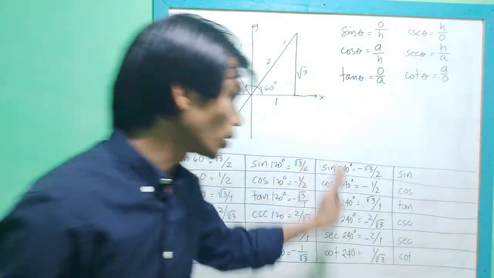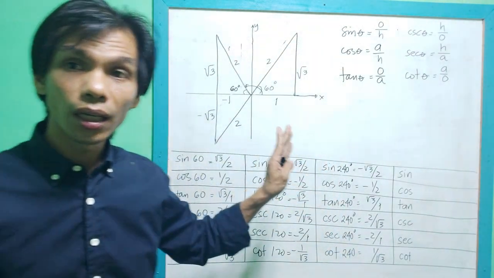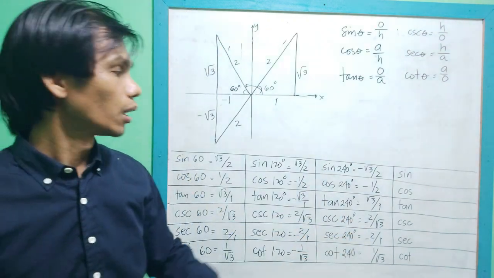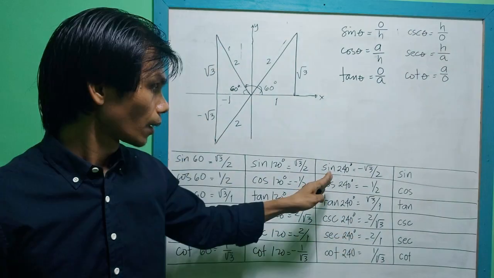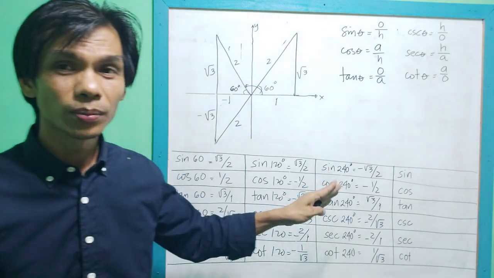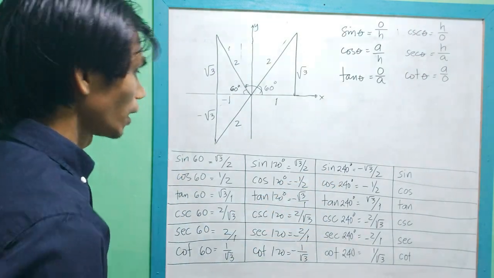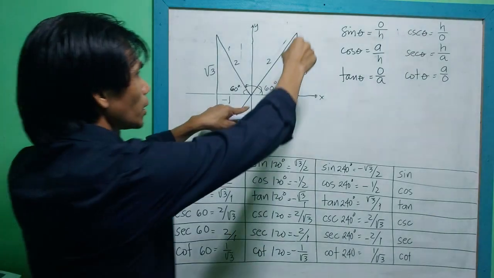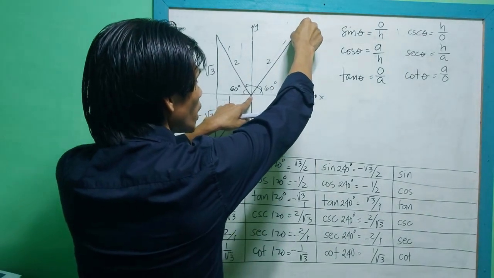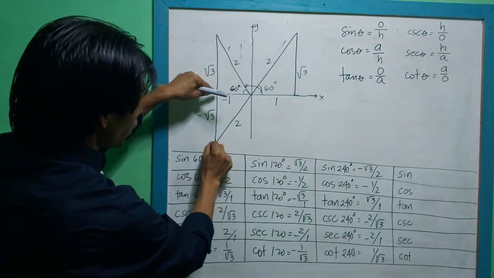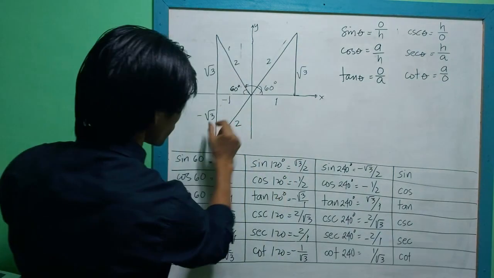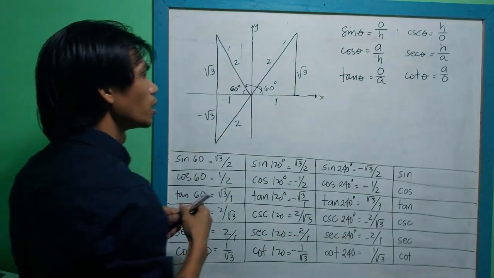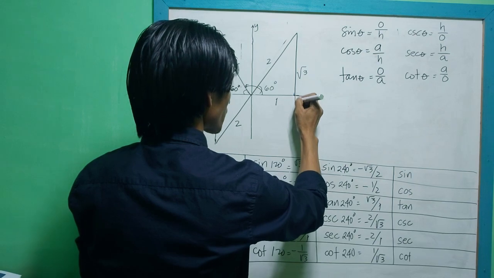So, meron na tayong angle ng 240. Now, eto, tingnan natin. Kung ilalagay natin ito or igaganon natin ito. So, meron din tayo ditong 60 degrees.